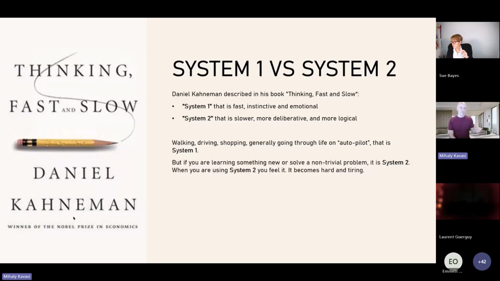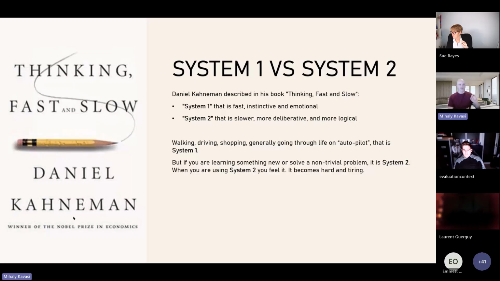System one is fast, instinctive, emotional, and system two is more effortful, the logical thinking when you need to think hard about something. But 90% of our life, or even more, we live in system one.